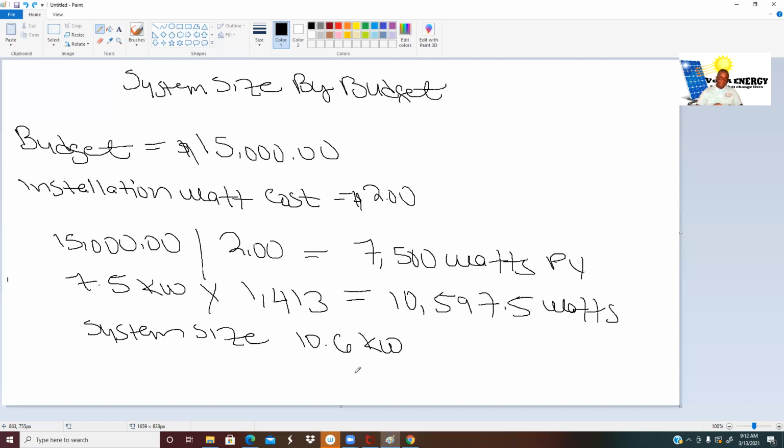That's 10 times 7.1% equals 0.71. 10 minus 0.7.